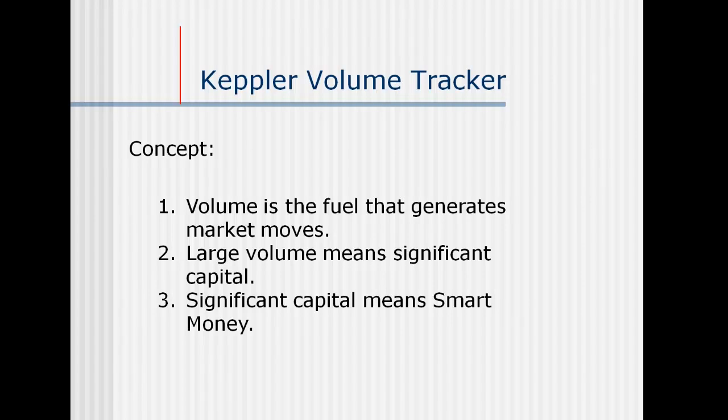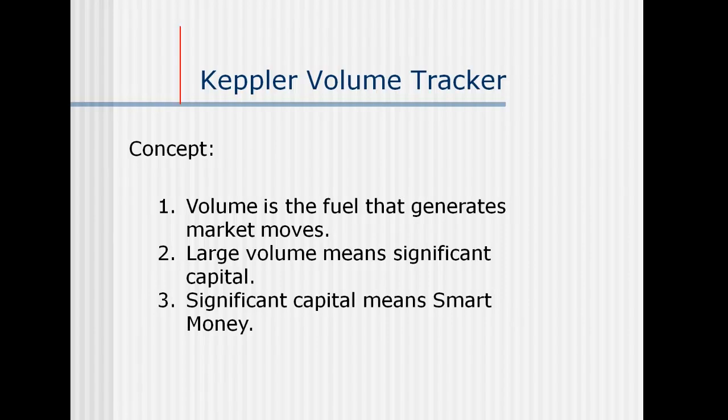Rarely will they come in and plop down just a huge sum and then walk away. What they will do is they'll disperse their purchasing over a period of time at different price levels, and we are able to detect and track these movements in the market through the use of the Kepler Volume Tracker.